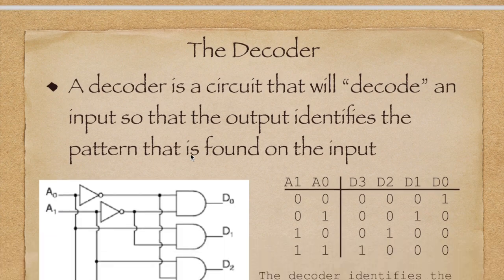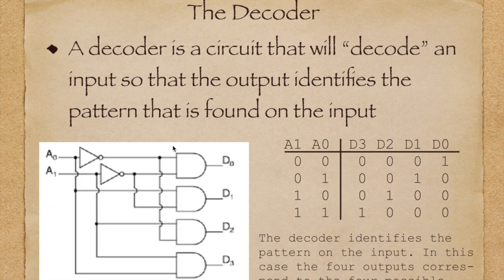Another basic operation is the decoder. The decoder is a circuit that will decode an input so that the output identifies the pattern that is found on the input. So here I have 2 bits on my input, which can have 4 different patterns, 0, 1, 2, 3. The way this decoder works is that the pattern that is here will cause the associated output to be high.